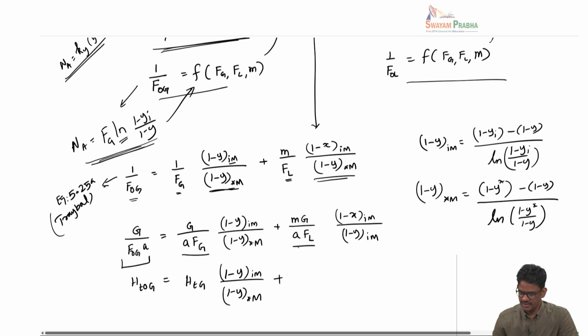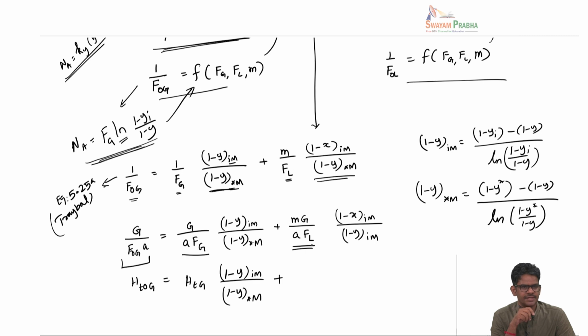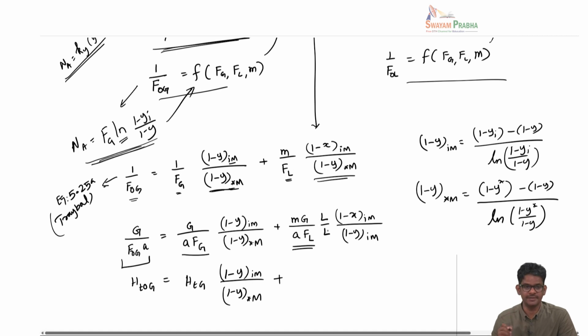So how can I replace this in terms of HTL? How is HTL defined? L by FLA. FLA is there, but L is not there, so I'm going to multiply and divide by L here. Then I can group these terms as HTL.